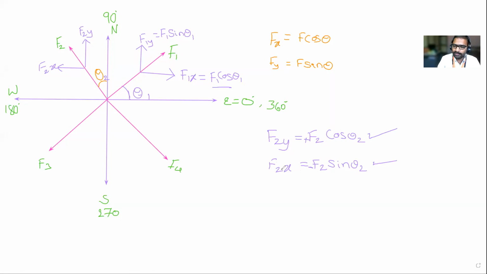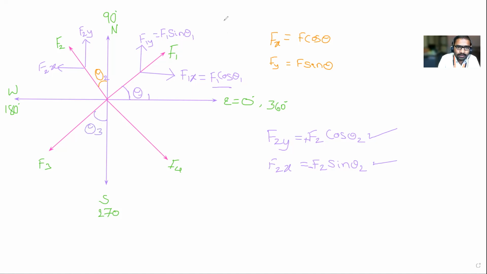We can also do it this way: whichever angle is given, as it is, along that direction we have to take cos theta, and the remaining direction is sin theta. Now I will take one more. This is the third quadrant, so this is theta 3.